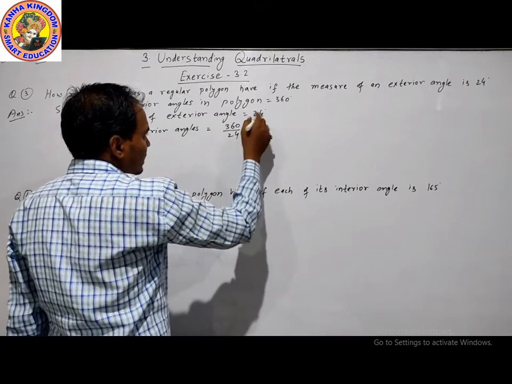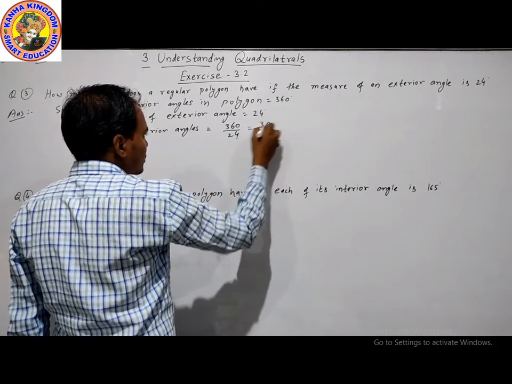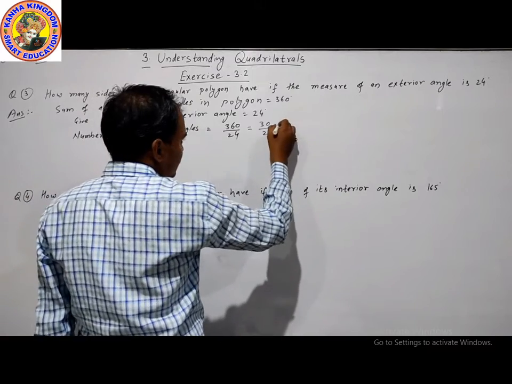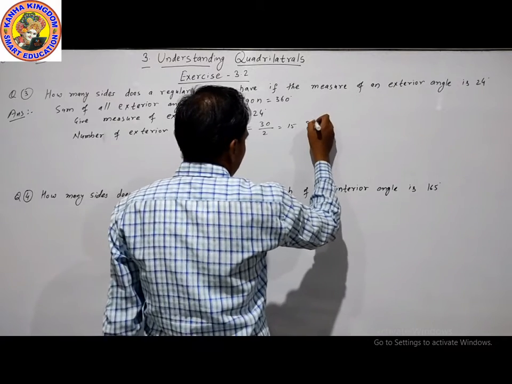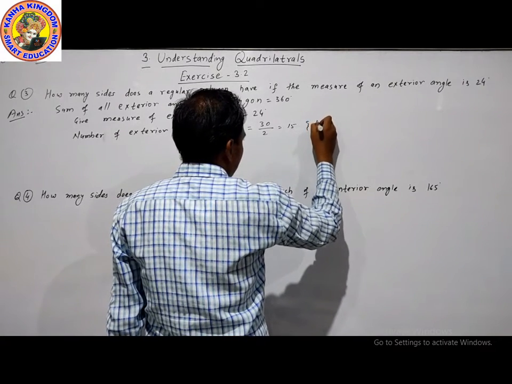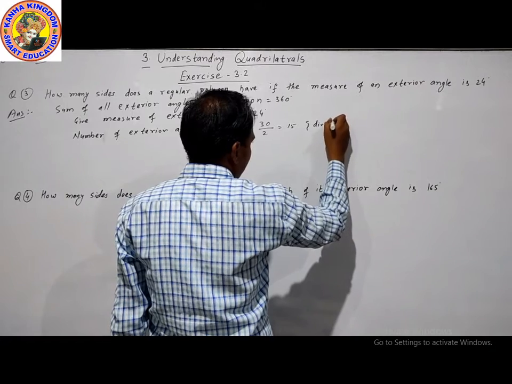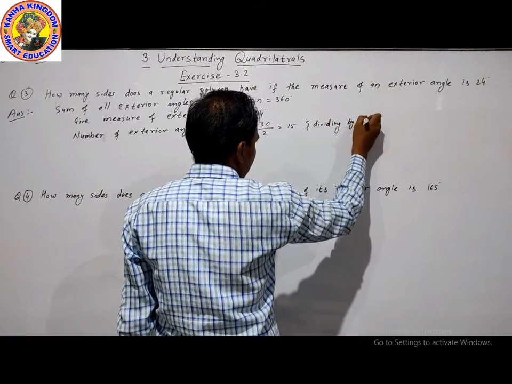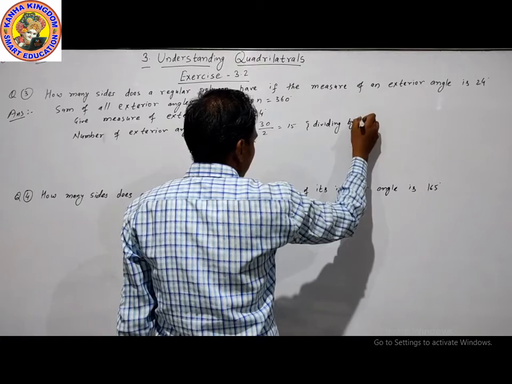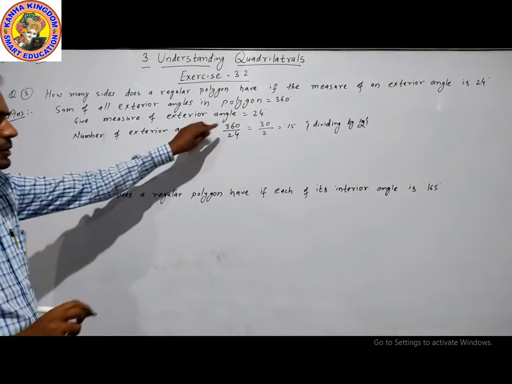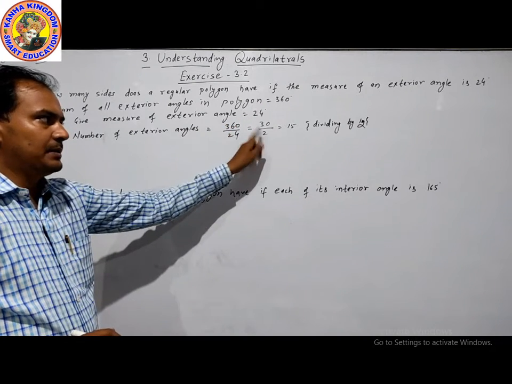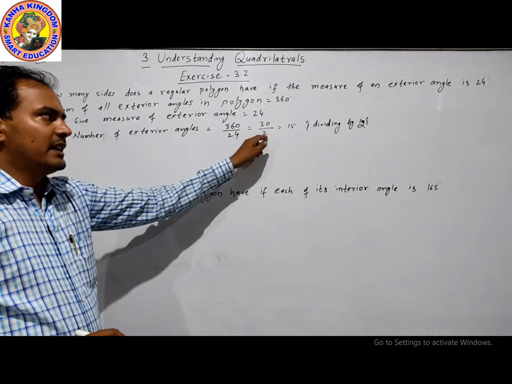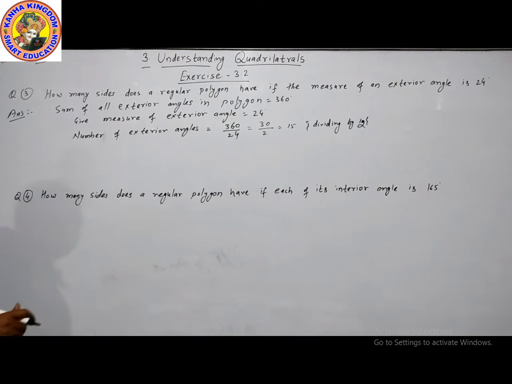We can cut by 12. We will divide both by 12. 12 times 3 is 36, 12 times 2 is 24, and 30 divided by 2 is 15. So the number of exterior angles is 15.